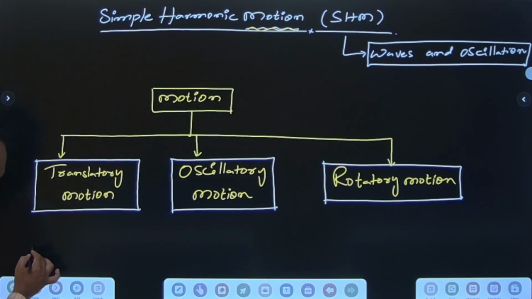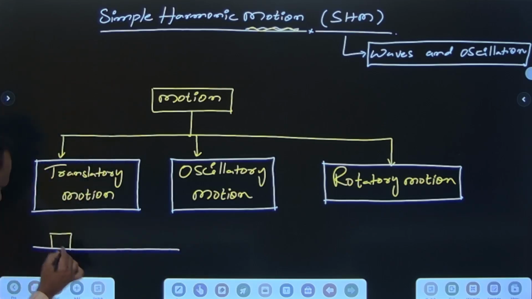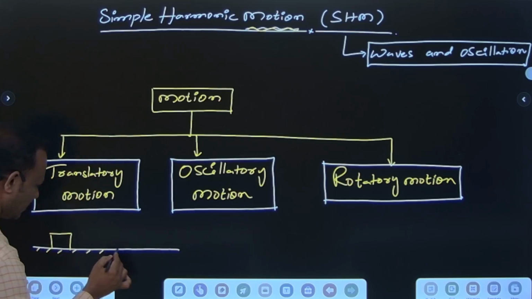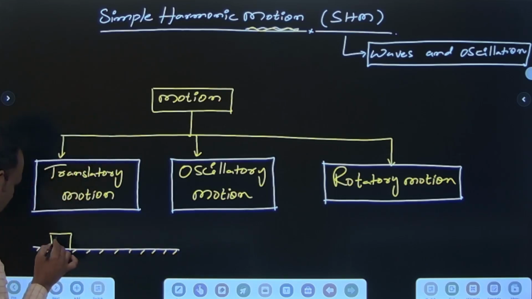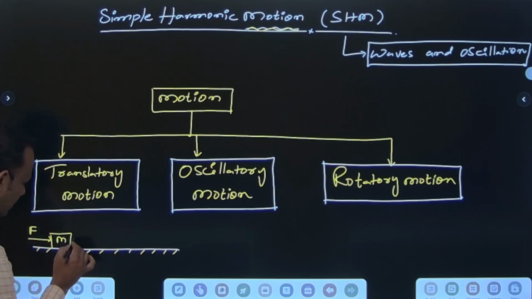When a body of mass m is placed on a horizontal surface, the ground, and I apply a force on it, it translates in the direction of applied force.